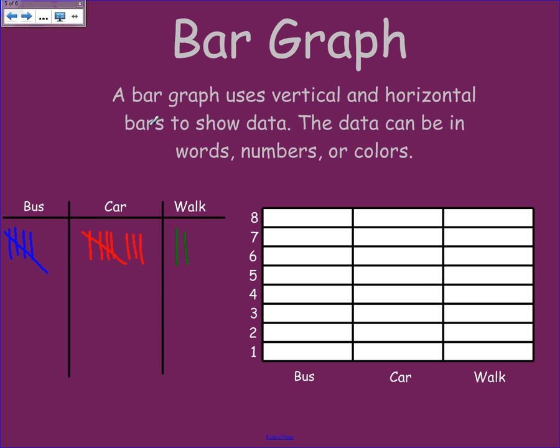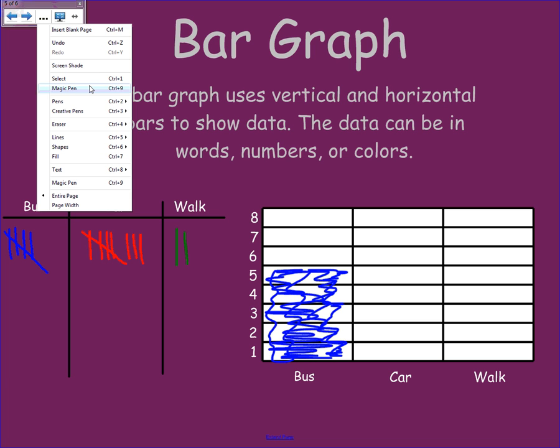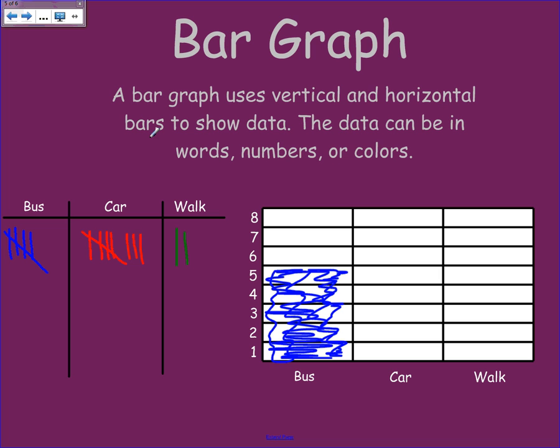Now we need to put the data on the bar graph. How many tally marks do we have for bus? Right, 5, so we would color 5 blocks. How many tally marks do we have for car?